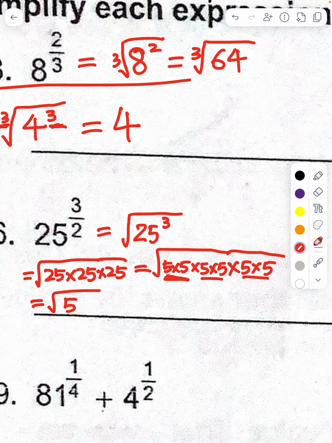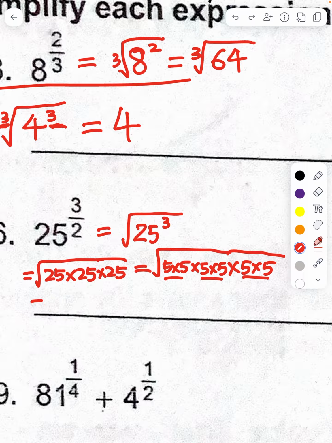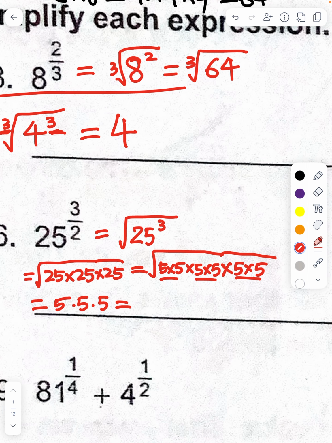Every time we have a pair, they can get out of the square root. So how many can we get out? We can get 1, 2, 3. When the root is 2, we just don't write out the 2, right?